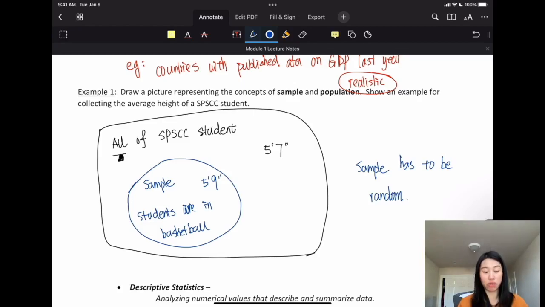You want to interview students from different groups, such as students taking Math 146, or students taking Econ 101, or some students taking visual art 215, right? You try to get data from some random students. We want our sample to be random. That's really important if you're trying to get accurate results.